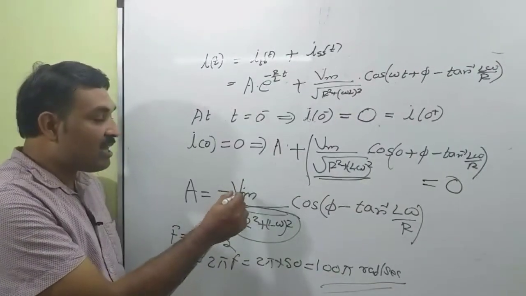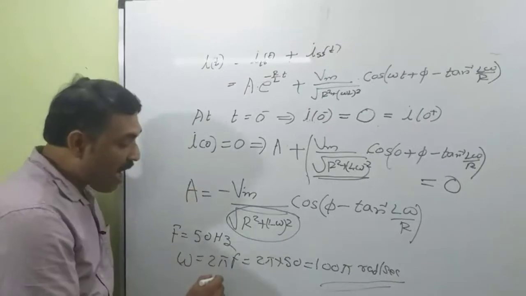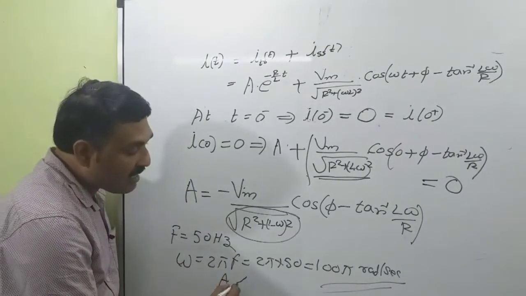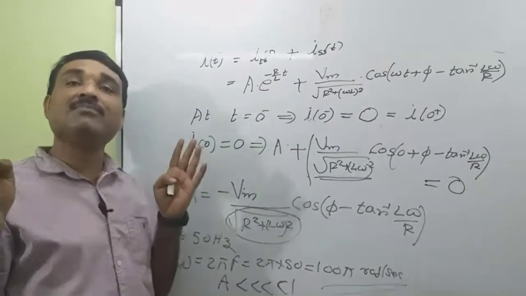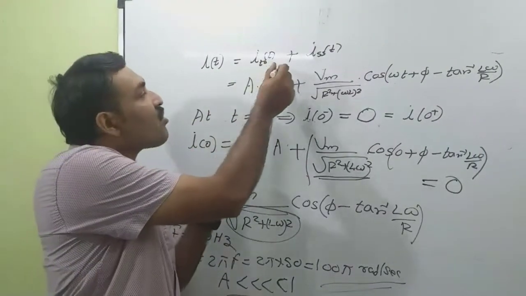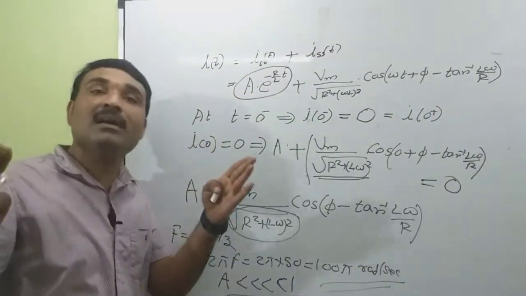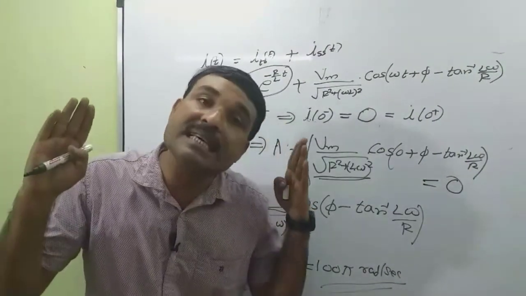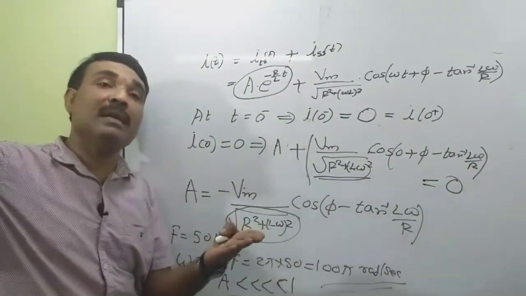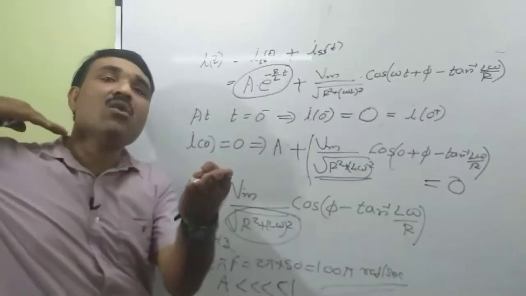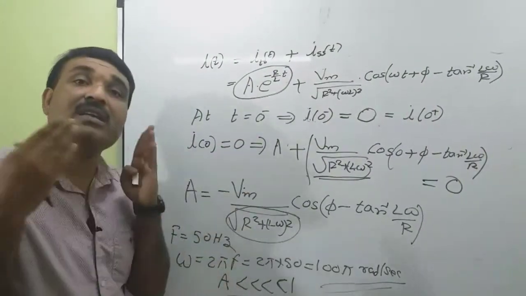So the value of Vm divided by this large quantity is very small. So the value of A is very small, that is less than 1. So the effect of the transient response is negligible in the case of an AC network. So the steady state response will dominate. The transient will tend to 0 very quickly since the value of A is very small.